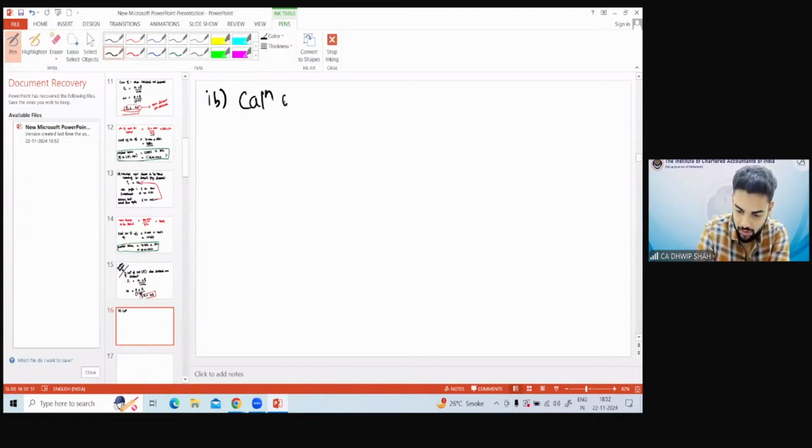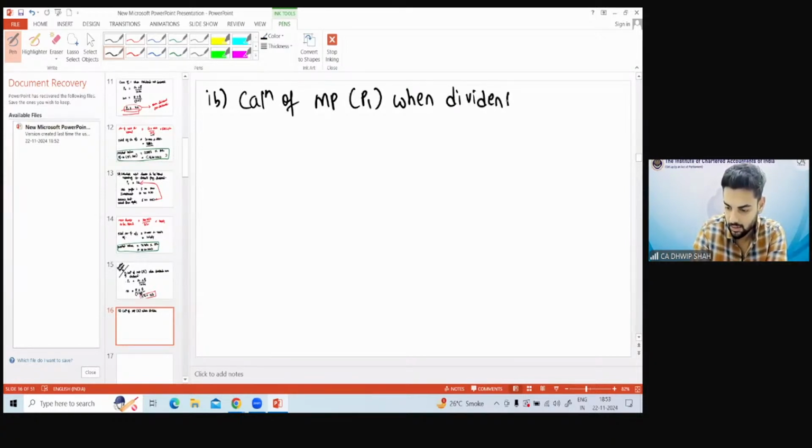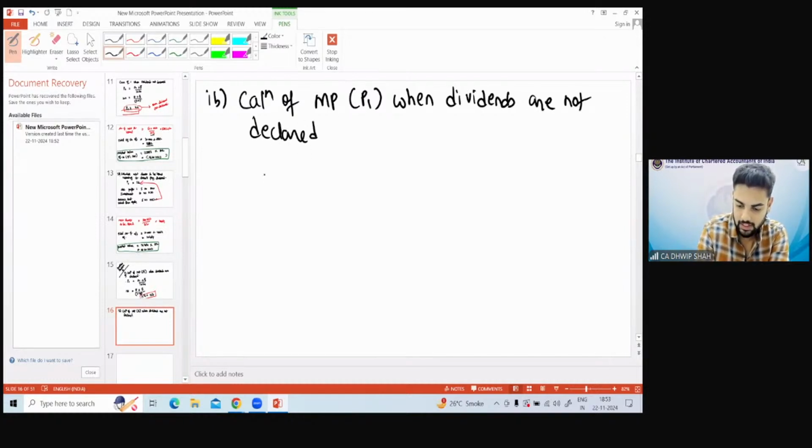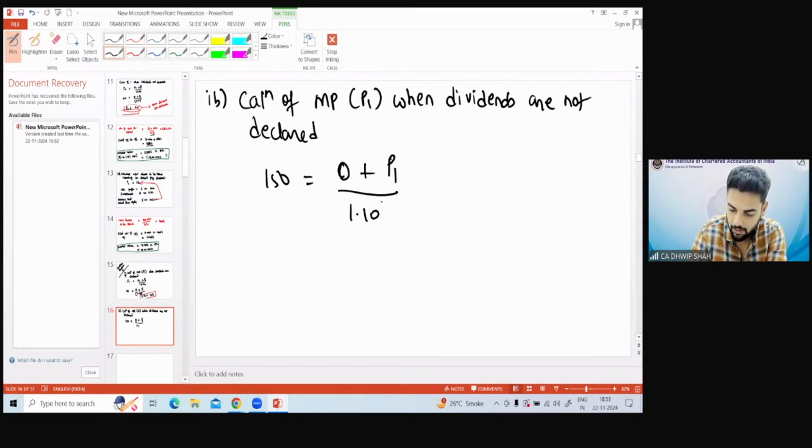Calculation of market price P1 when dividends are not declared. So again P0 is 150, now D1 would be 0. P1 upon 1.10 raised to 1. Therefore, my P1 comes to 165.